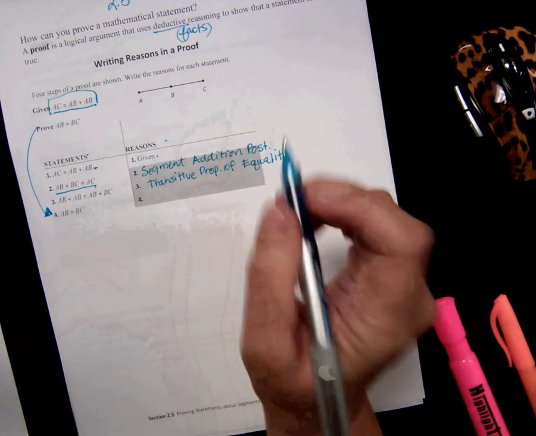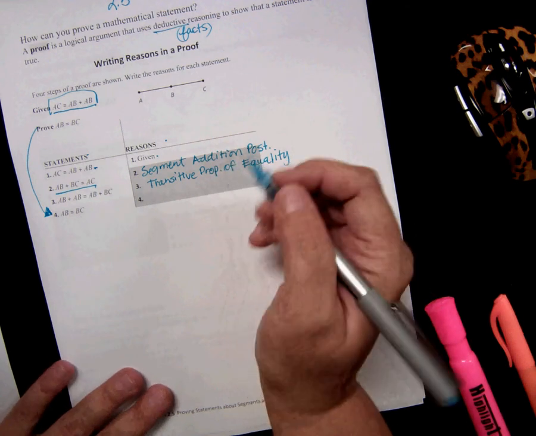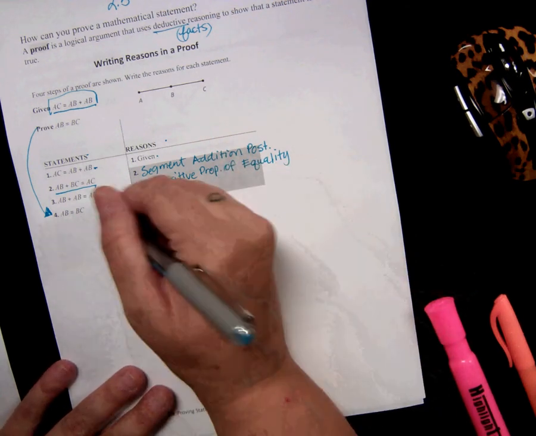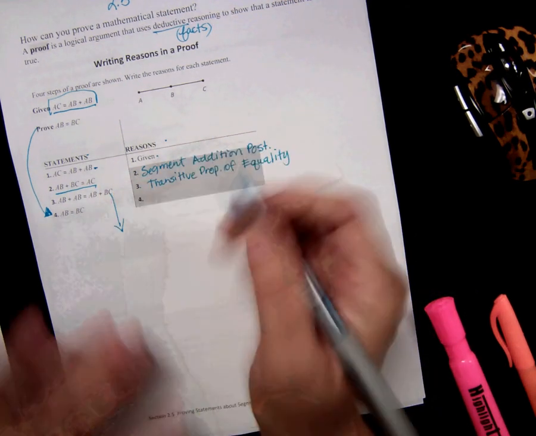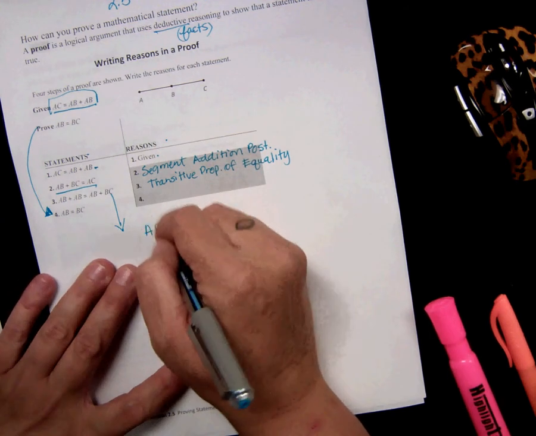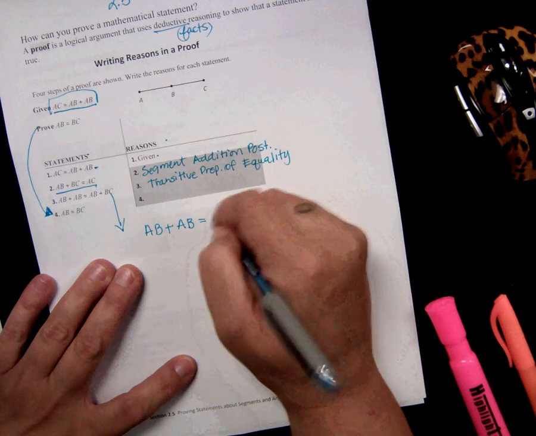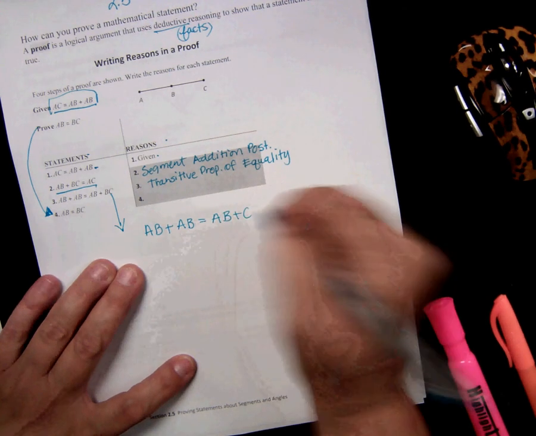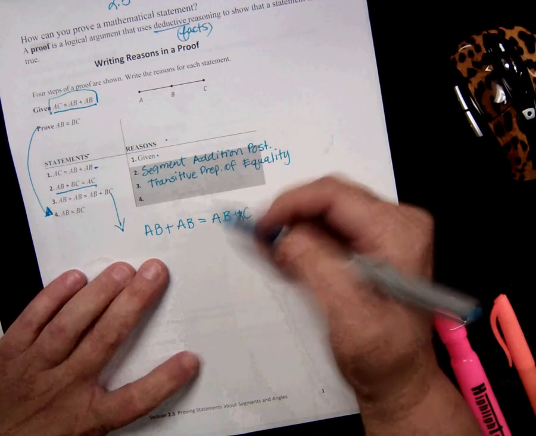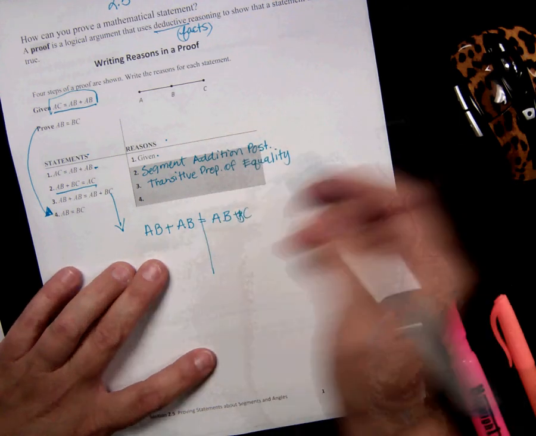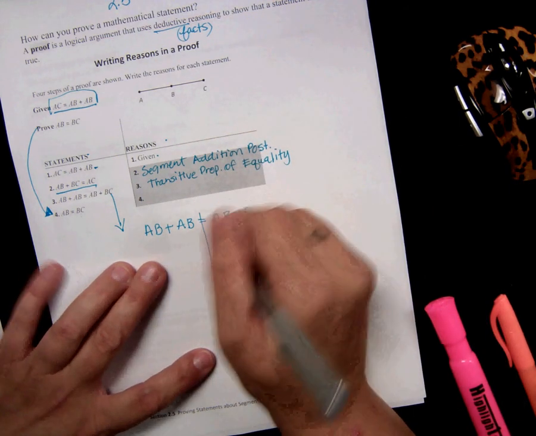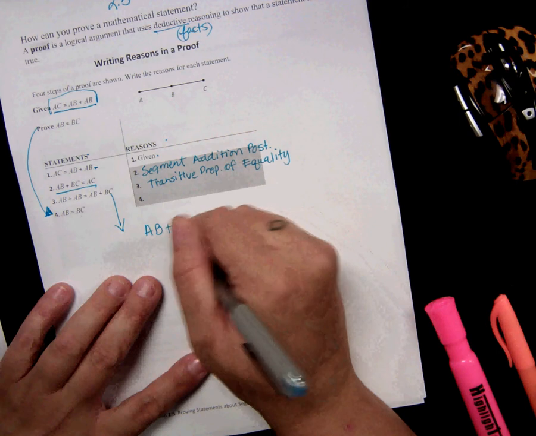But your reason is not proof. Proof would not be the reason why. If you took this statement here on number 3 and you think of it like an equation, if I want to get rid of an AB on this side, I would subtract the AB.